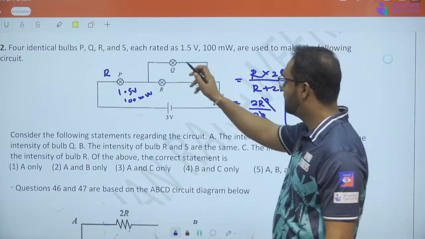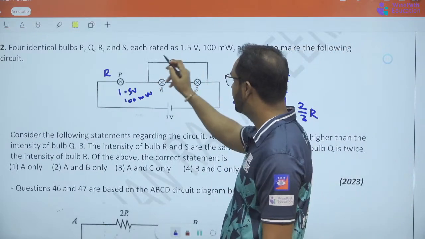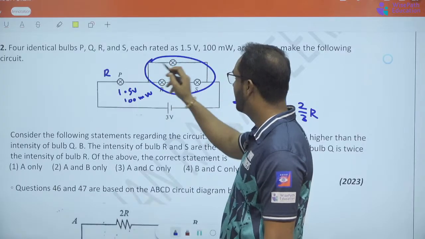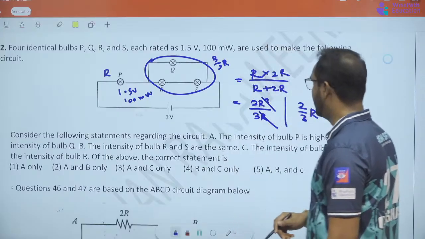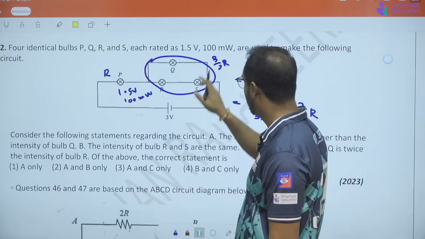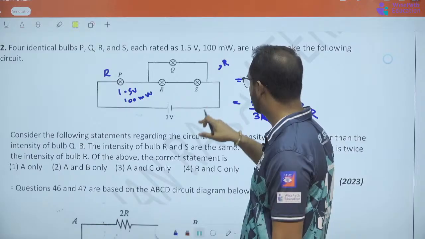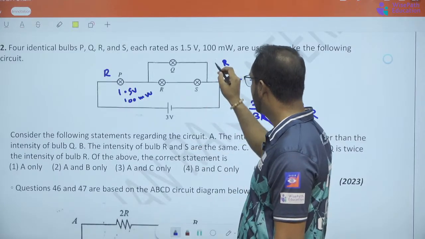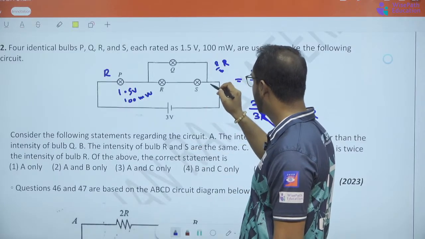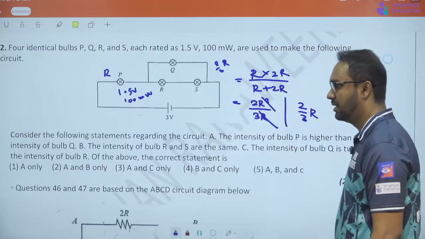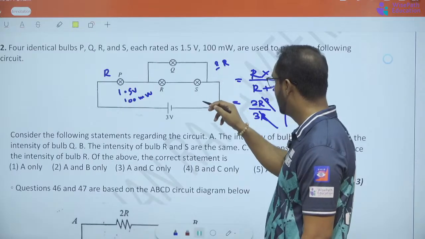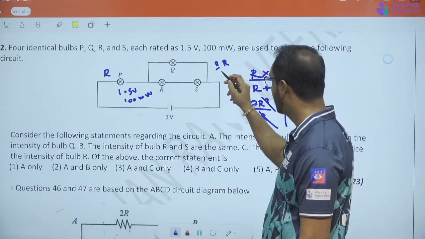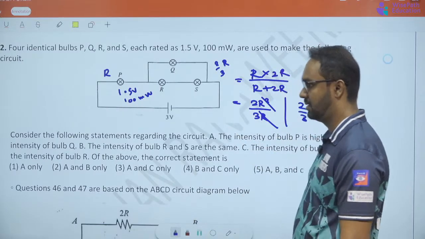Now the resistance of this whole part is 3 over 2R. Sorry, 2R over 3, the other way around. The whole part is 2R over 3, which is less, isn't it? You understand that? 2 over 3 is less, right?